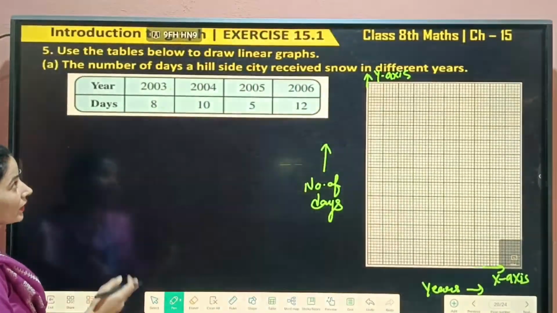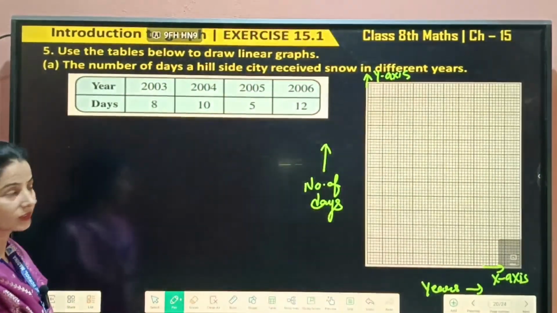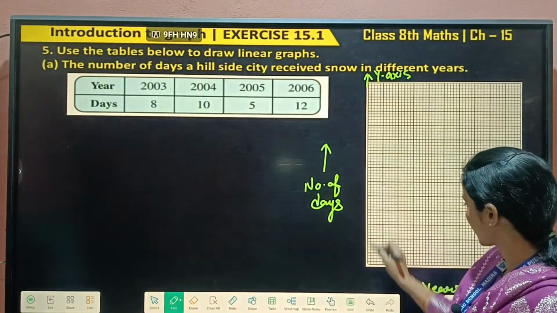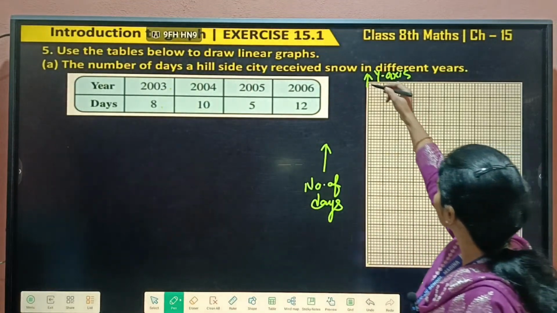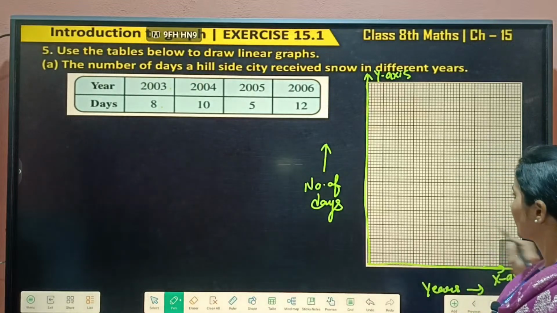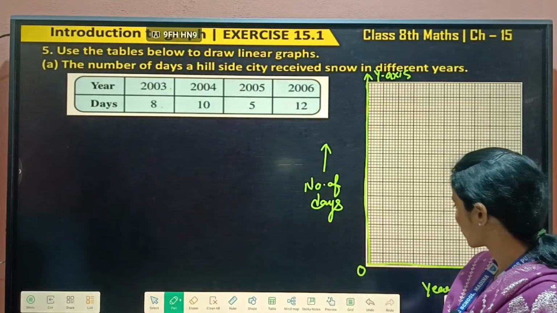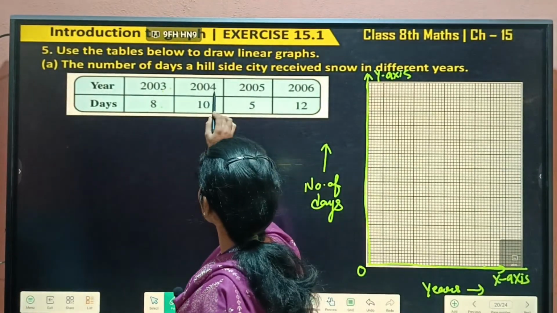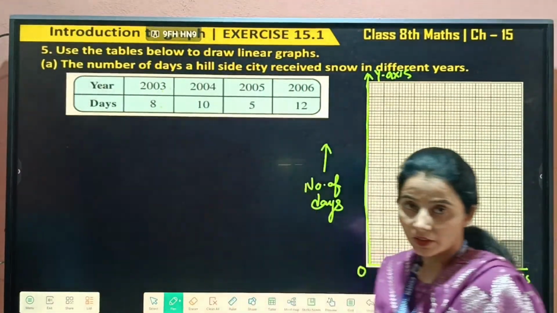Now 2003, 4, 5, 6 and 7 till 6. Now consider this is the intersection point of the y-axis and x-axis. Say this is 0. It is starting from 2003, 2004 and 5. One year difference is there.